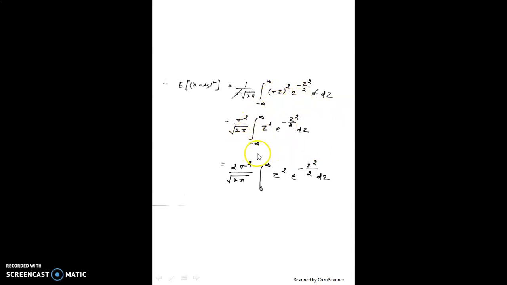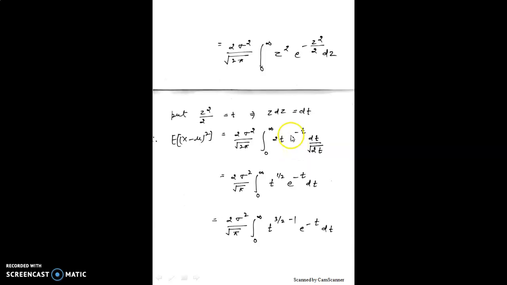This will be the form of integral from minus infinity to infinity z square e to the power minus z square by 2 dz. As there is one algebraic function and one exponential function having negative power, we can convert this integral into a gamma integral by appropriate substitution.